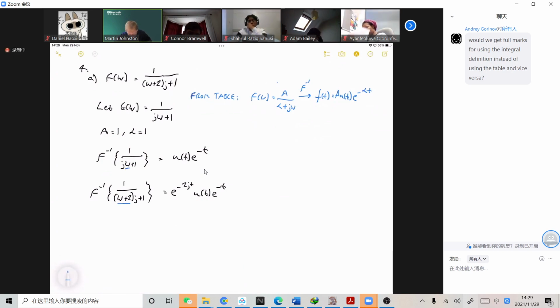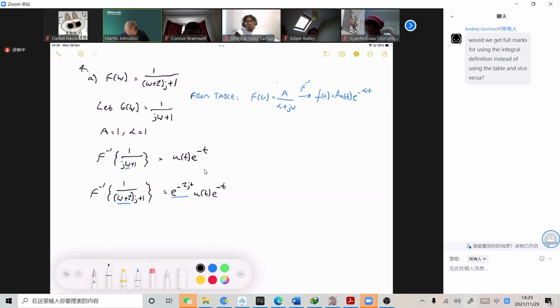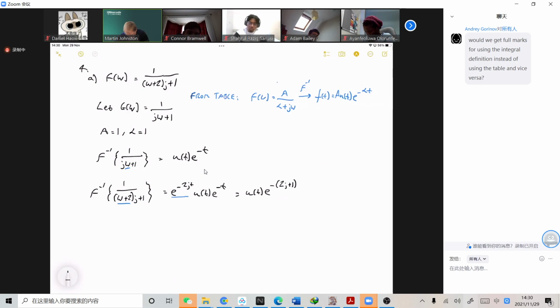So from the first shift theorem, that means you have to multiply the function in terms of time by e to minus 2jt. And I suppose you could also combine it into one function like that as well, if you wanted to.